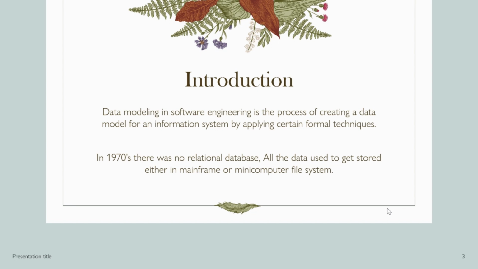In data modeling, we use various tools and software these days to create a data model. If I talk about the history of data modeling, until the 1970s we didn't have any relational database, and everything was kept on paper or in the file system, etc. But after that it evolved, and now we are at a very advanced stage of data modeling, I would say.